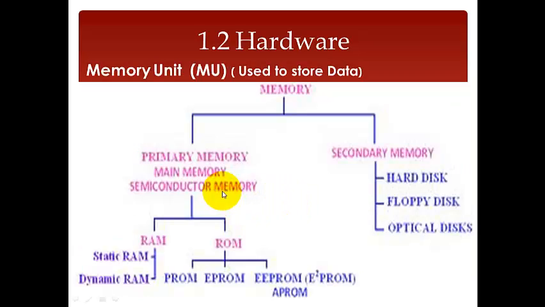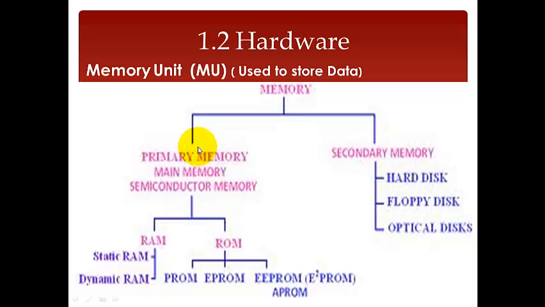Here you can see the complete classification of memory. What is memory? Memory is used to store data. The memory can be divided into two types. One is primary memory, or main memory, or semiconductor memory. On the other hand, we have secondary memory.